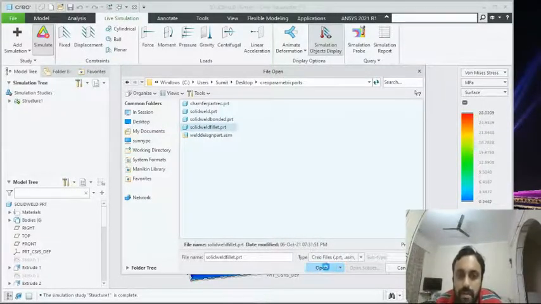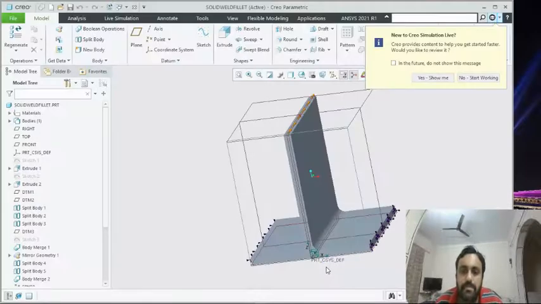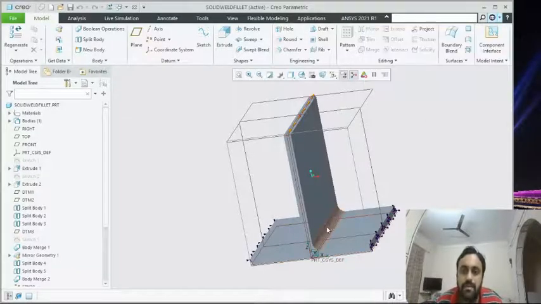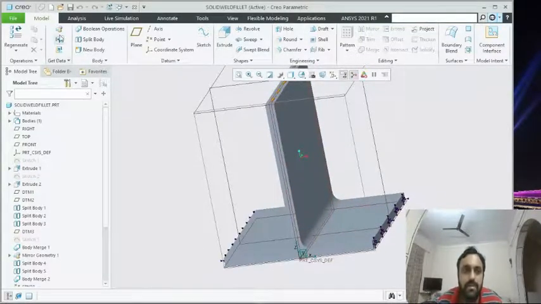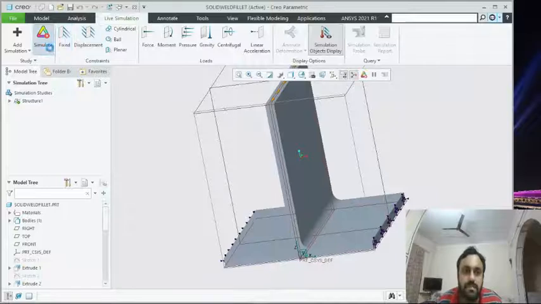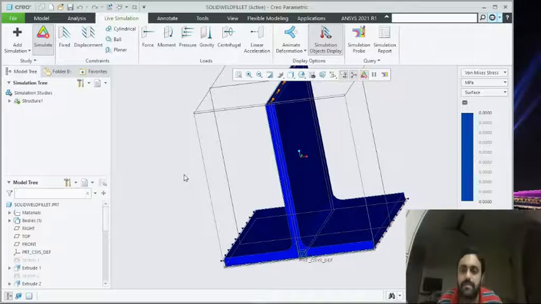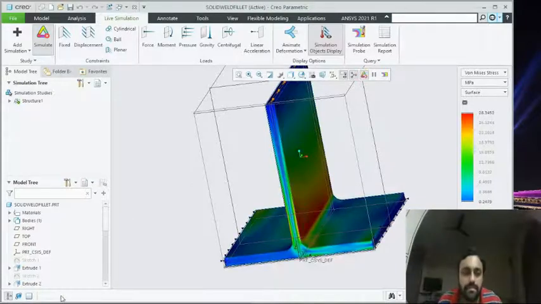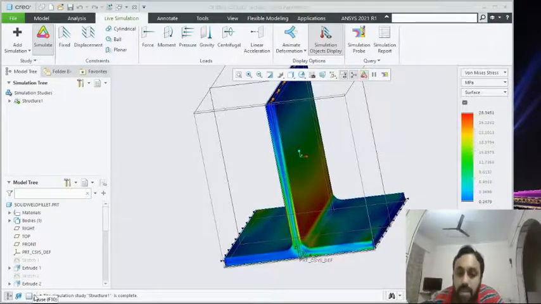We open the part and we have a fillet in here, the fillet bend. If we check out the fillet part, we see that the results are 28 megapascal.